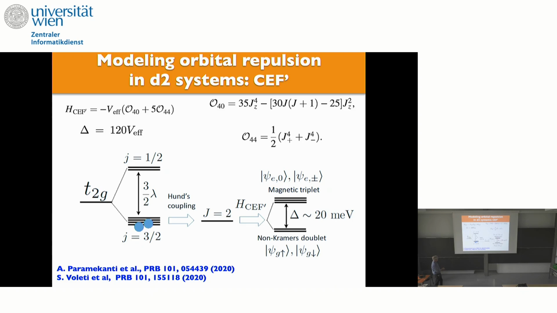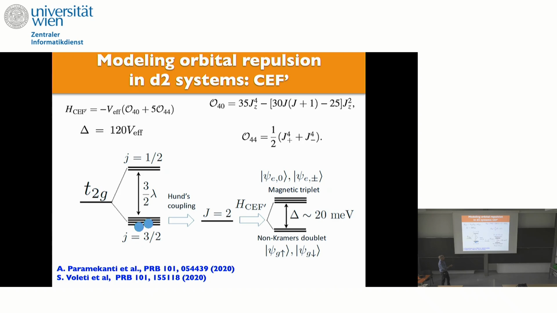Anyway, so these 2 papers were collaborations between ourselves and Aaron, his group rather. And so he postulated the following idea that he described actually on Monday, which is that we have this J equals 2 degree of freedom, but then you can think of it as behaving like a d electron system in a cubic crystalline electric field environment.